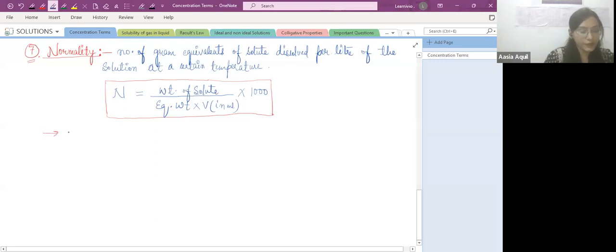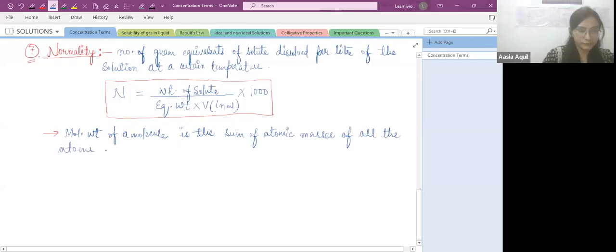The molecular weight of a molecule is the sum of all the atomic masses of all the atoms in the molecule.